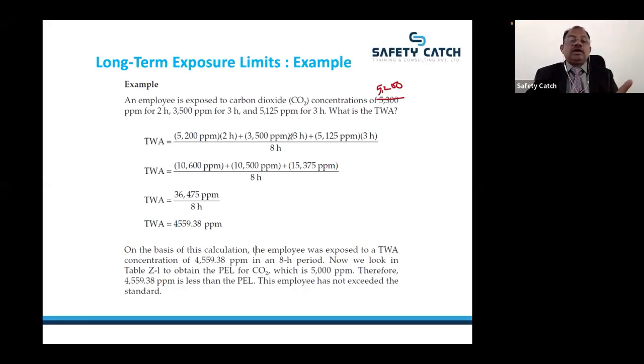After that, it rose to 5,125 ppm for 3 hours. So in total, they have taken the value for 8 hours: 2 plus 3 plus 3. It comes to 10,600 ppm plus 10,500 ppm plus 15,000, divided by 8. It comes to almost 4,559.